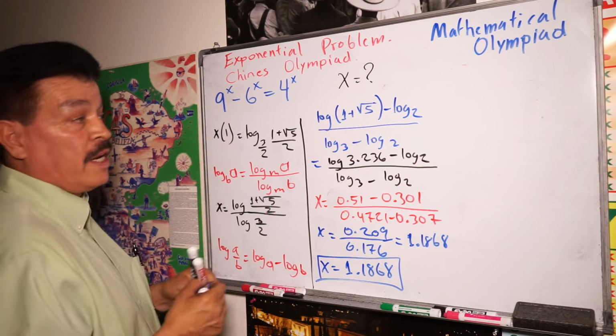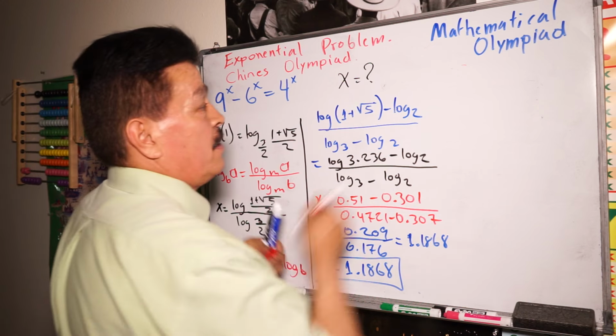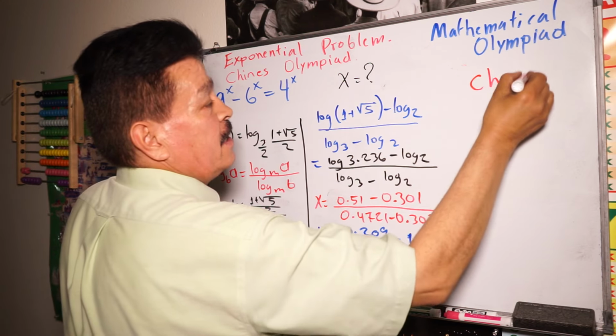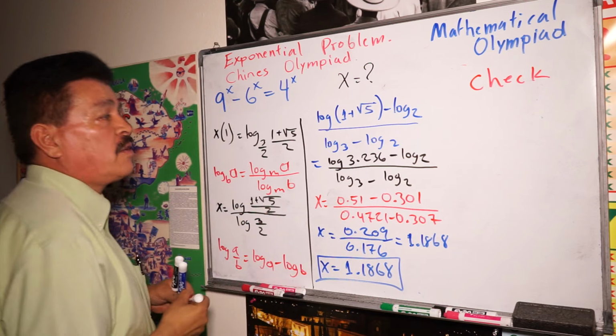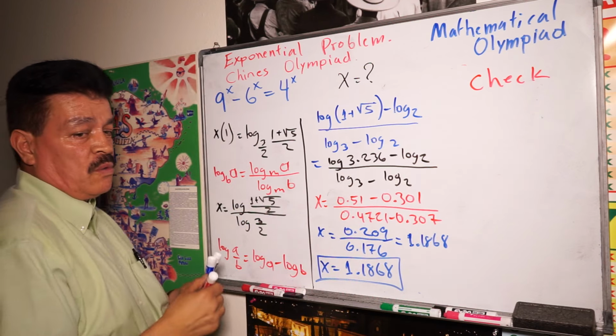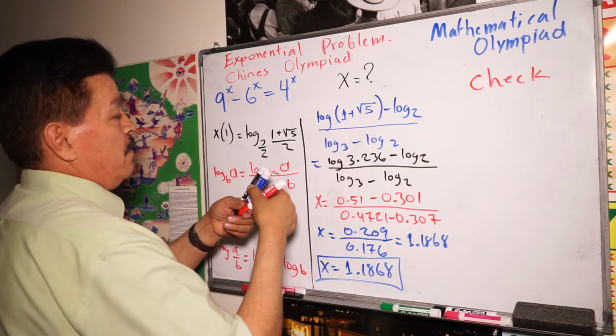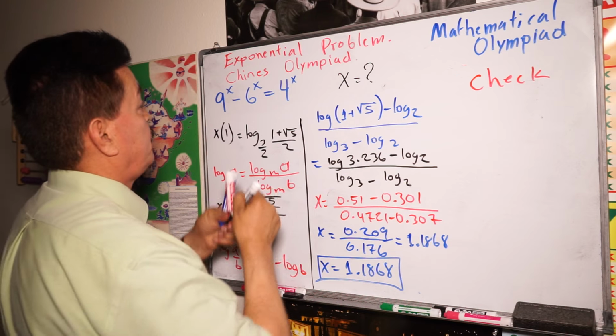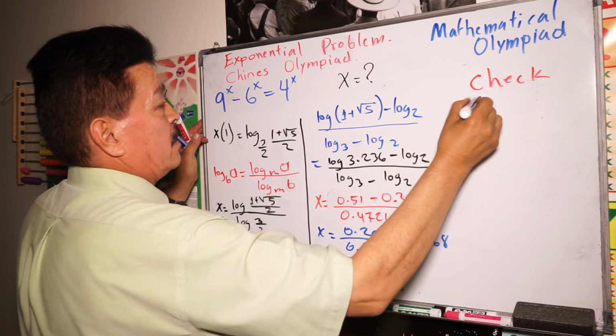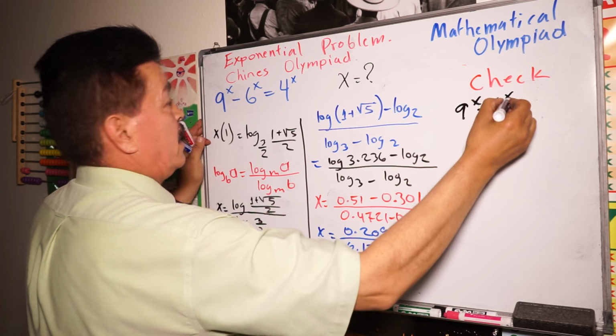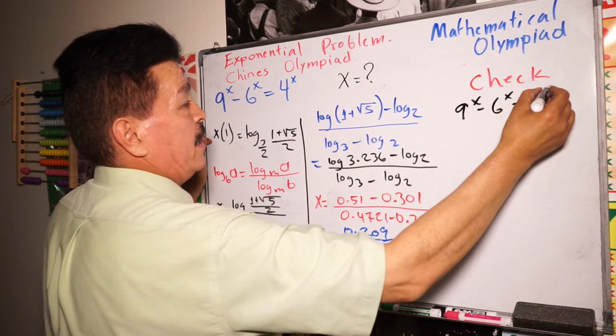This is our question. You want to check, you just check our work. Check your work. You have 9 to the x minus 6 to the x power equals 4 to the x.